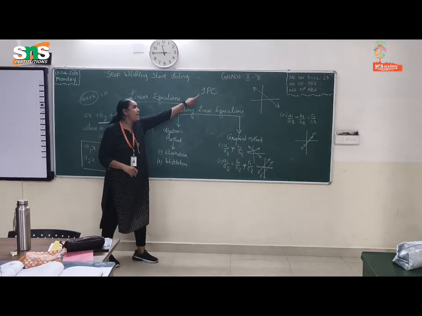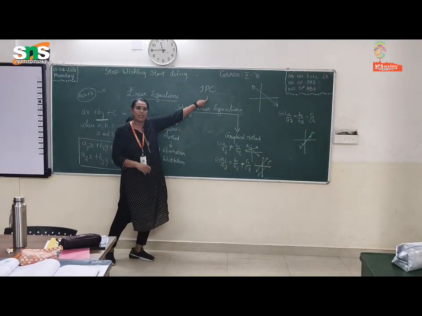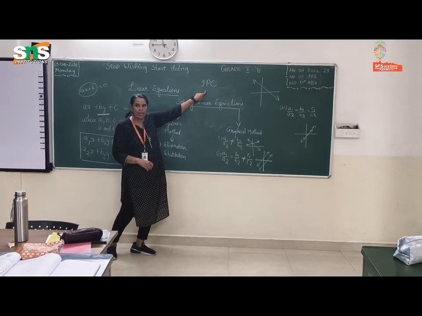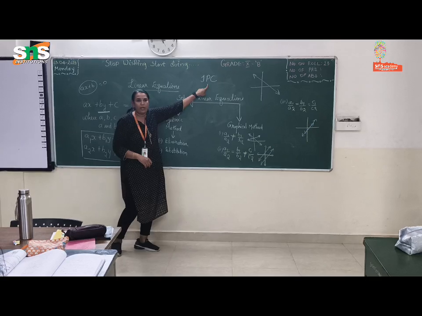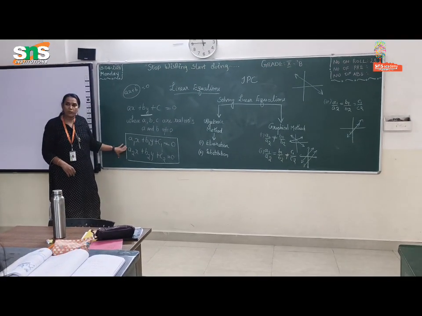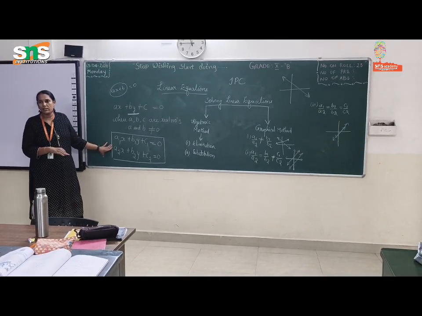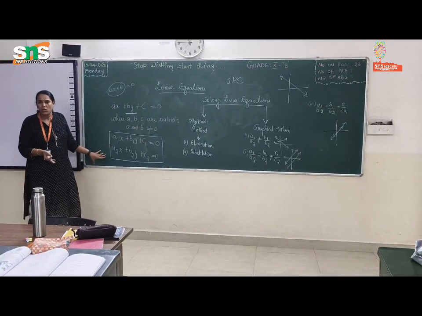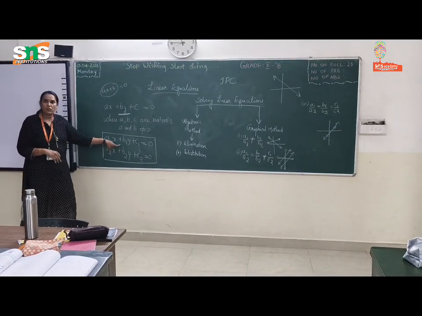I stands for intersecting line, P stands for parallel line and C stands for coincident line. So only by seeing the coefficients also we can say the nature of the lines, without drawing the graph.